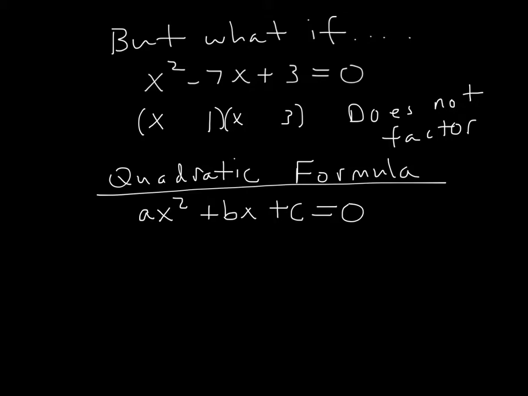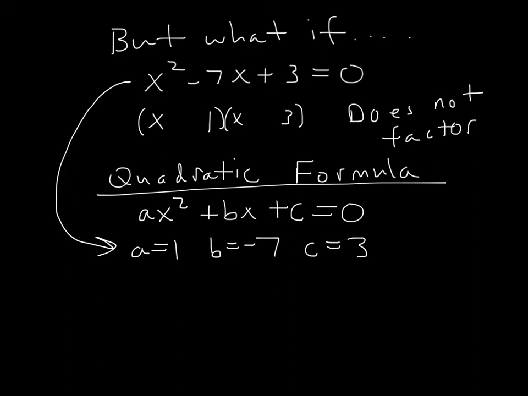And we have this equation right here is in that form. You know, it's got something x squared plus something x plus something, where a, b, and c are those somethings. Okay. Then in our problem, we're looking at this problem down here. A is 1, B is -7, and C is +3.